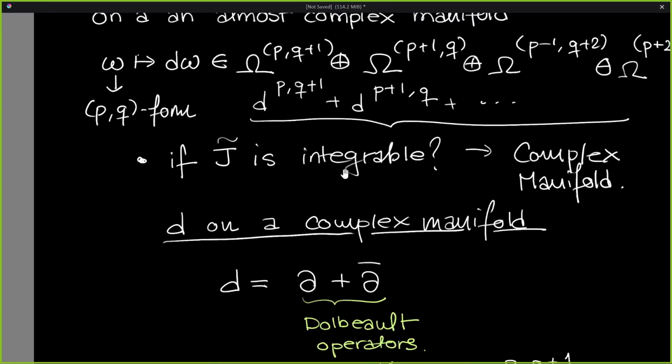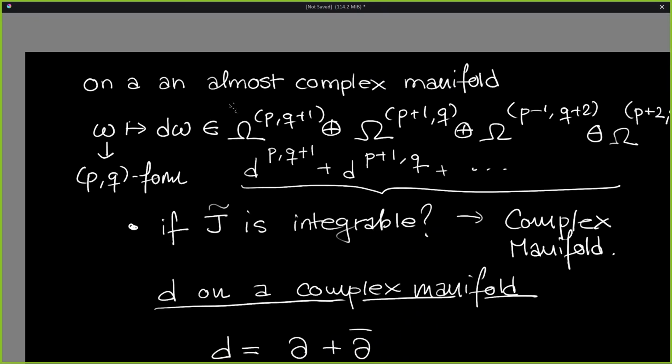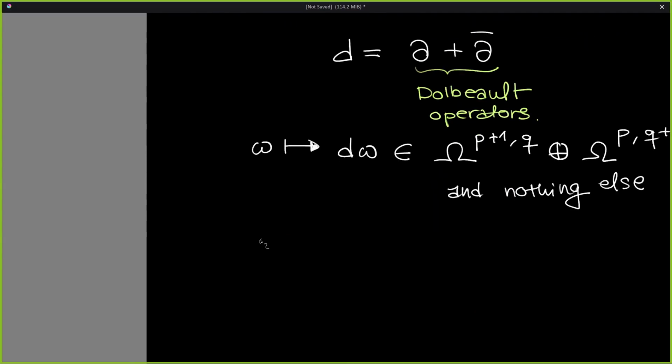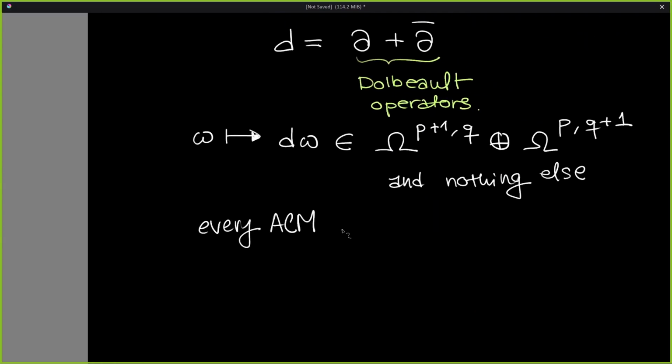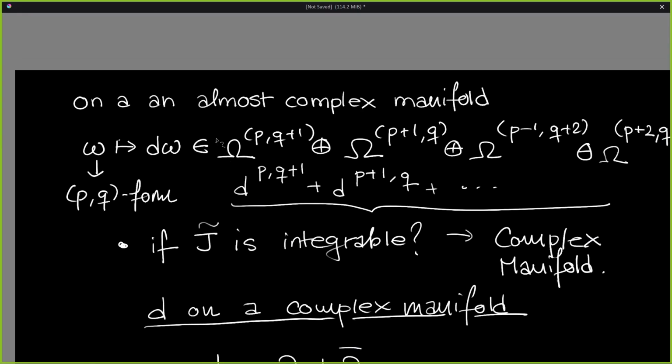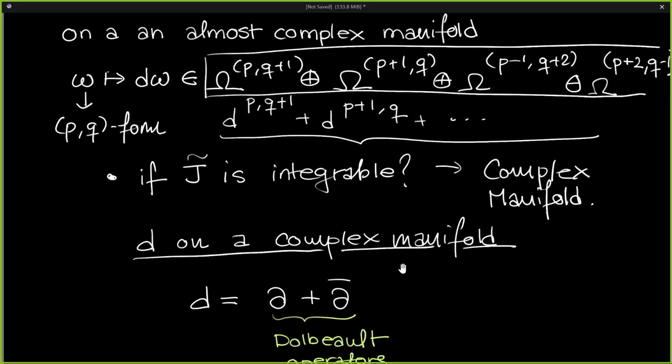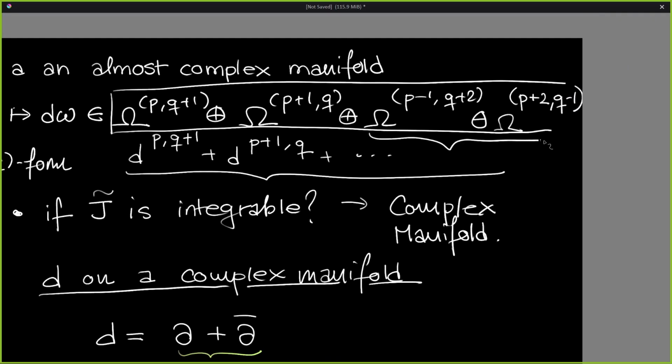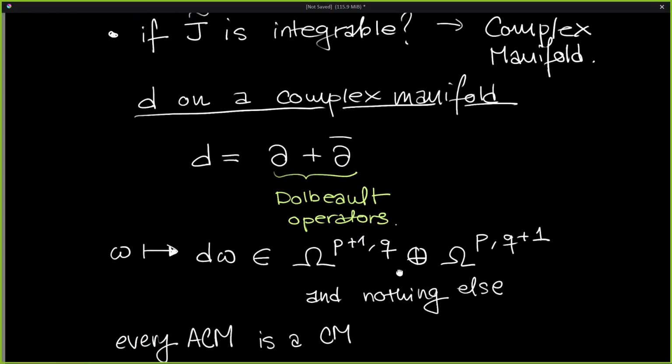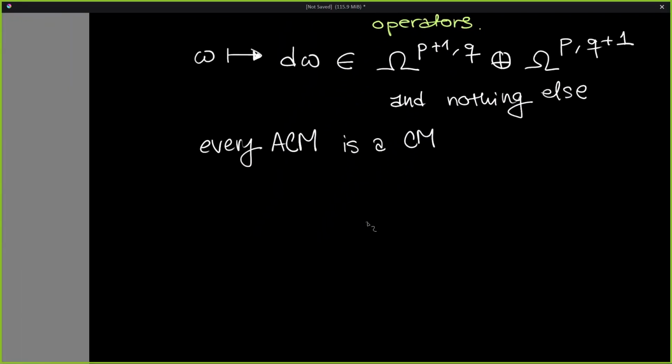We know that in general it's in this set, because every almost complex manifold is a complex manifold, right? So we know that it must be at least in this space. So we can start off with that, and then our task will be to show that there are no components in these other spaces.